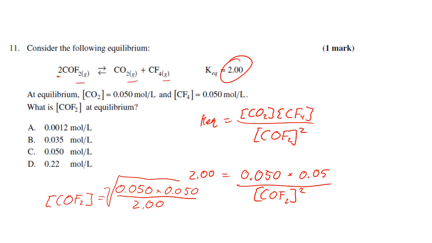So I'm going to plug that into my calculator to find what the concentration of COF2 is. So I'm going to go 0.05 times 0.05 equals, divided by 2 equals, take the root of that number, equals 0.035. So COF2 concentration, which is my calculator saying 0.035355. That's a molarity, of course. Everything should be 2 sig figs because these things are 2 sig figs. So this is your answer right here. That one.